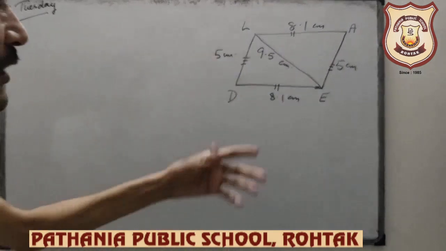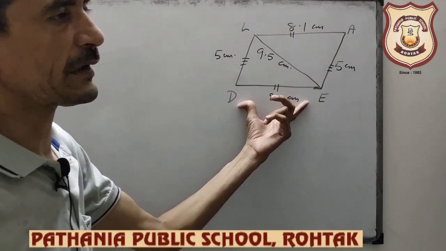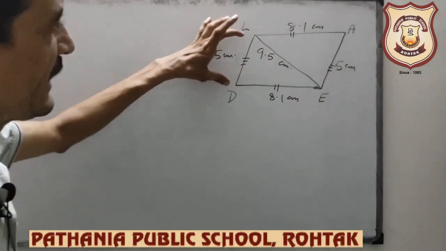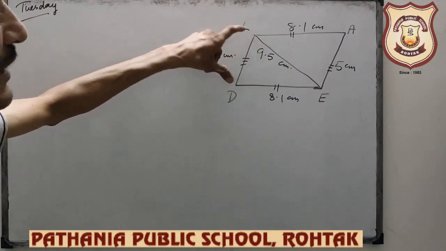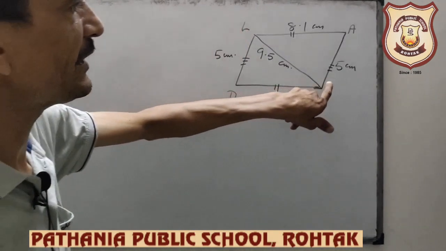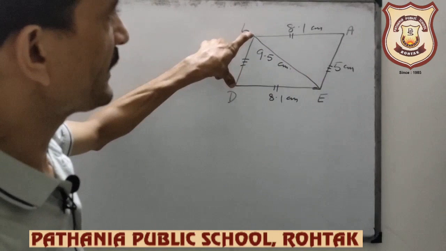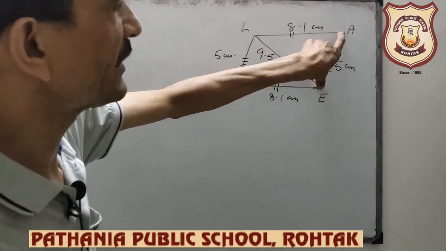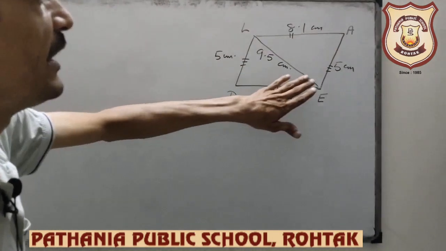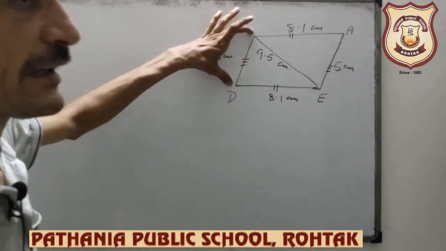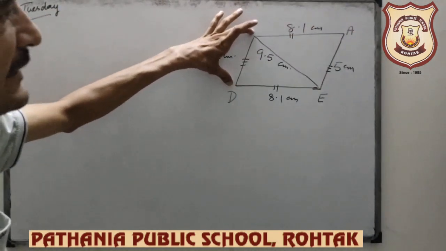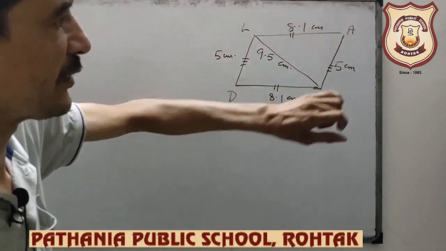Now you can draw. Take a line segment of 8.1 centimeter, take D as center and radius equal to 5, put an arc of length 5 centimeter. Open the same, put another arc of length 5 centimeter. You need not open the compass again, as 5 is already opened. Then put one arc here also.